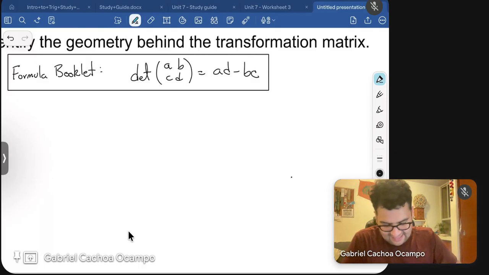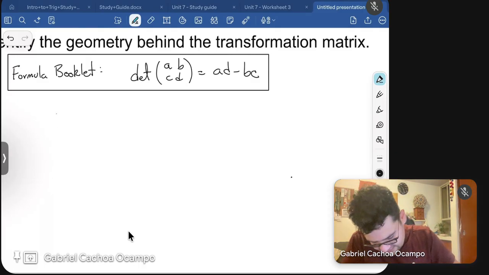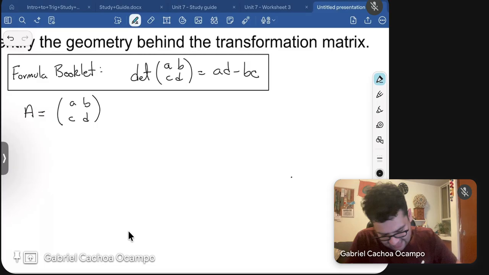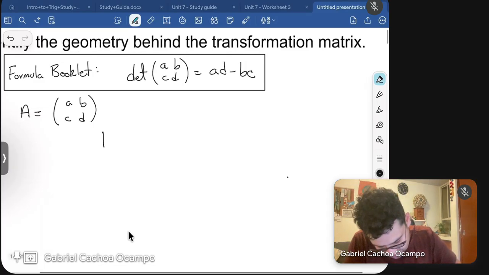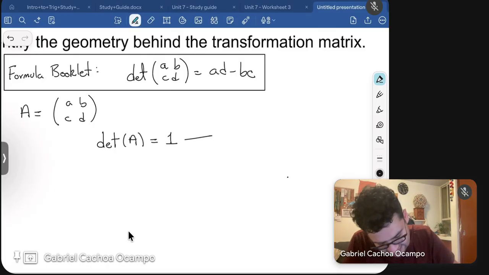If I give you a matrix A B C D, and this is not in the formula booklet, if the determinant of A is 1, that means that A is a rotation.